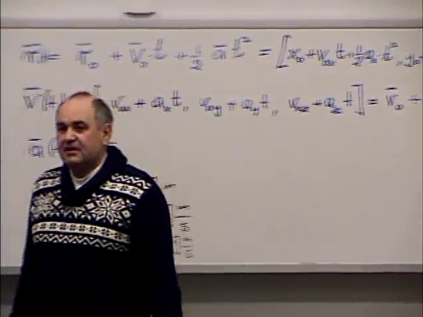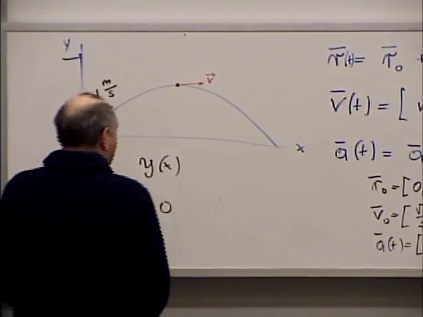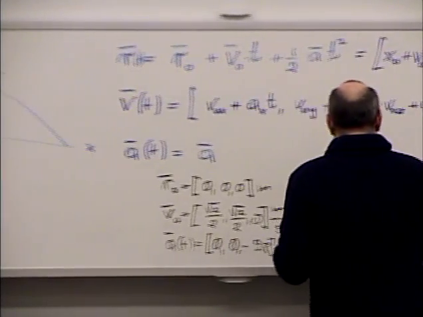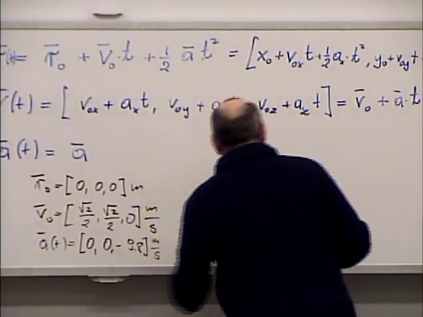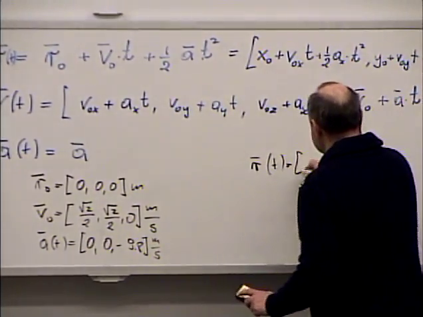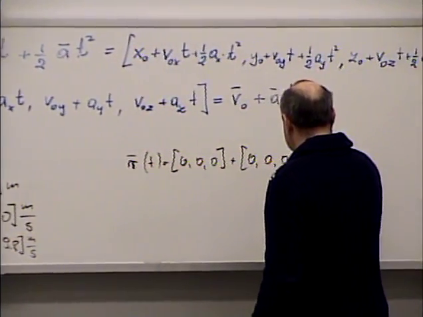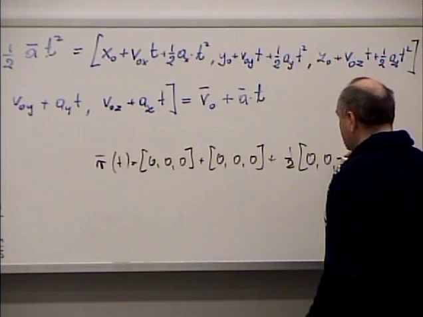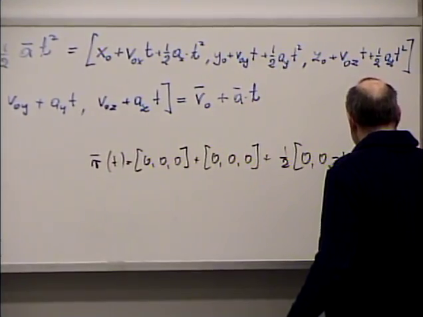Oh, I know what you mean. Well, let's try to figure out where the particle is if this is 0. How the particle would move. It means the particle would move, let's say at instant t, 0, 0, 0 plus 0, 0, 0 plus 1/2 0, 0, minus 10 meters per second square times t squared.